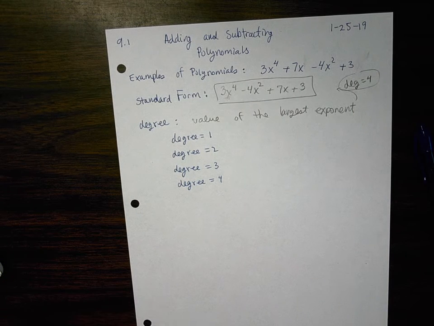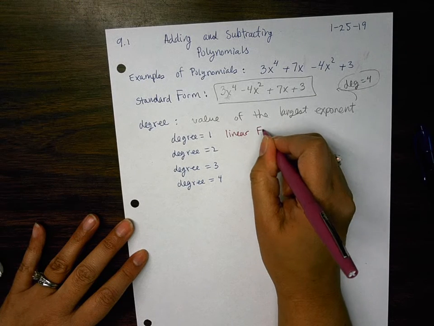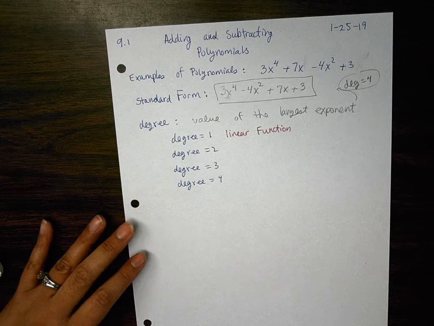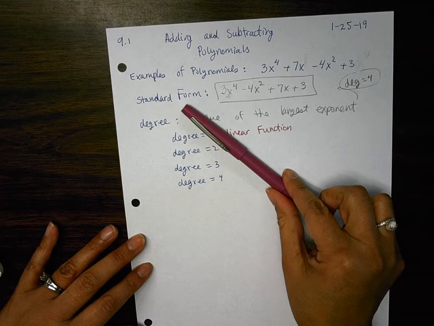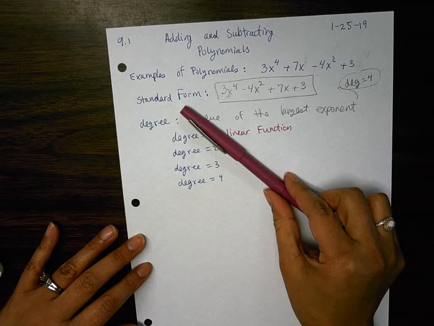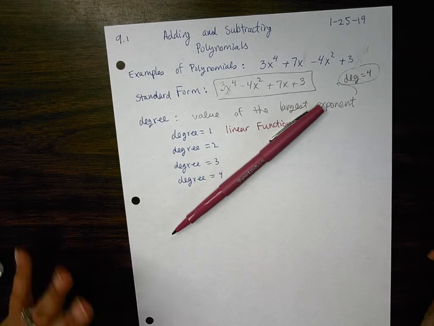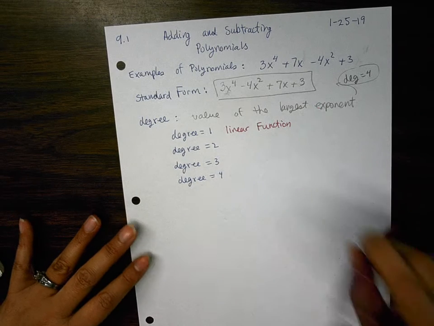If you have a polynomial and the degree is 1, we call that a linear function. You learned that one last year in Math 1 and also in middle school. Linear function, y equals mx plus b. Do you guys remember those? It was a straight line. y equals 2x plus 7. That would look like this. You went up 7 and then your slope was up 2 over 1. You guys vaguely remember that? Linear graphs, straight lines.